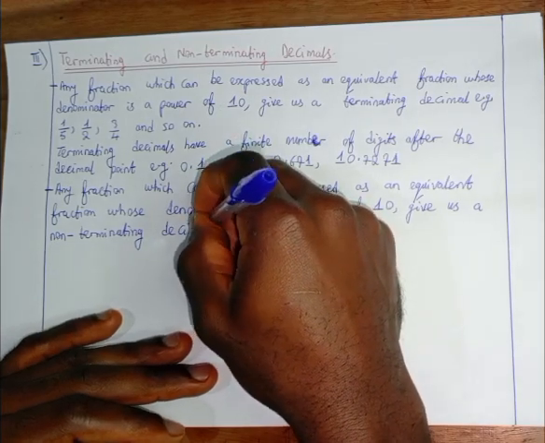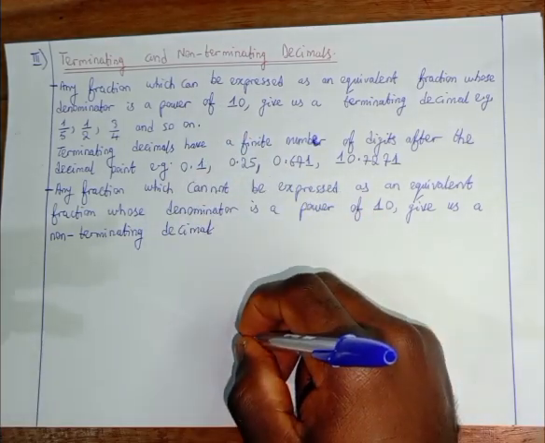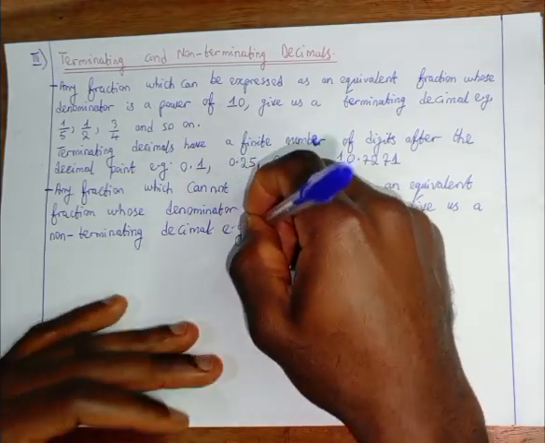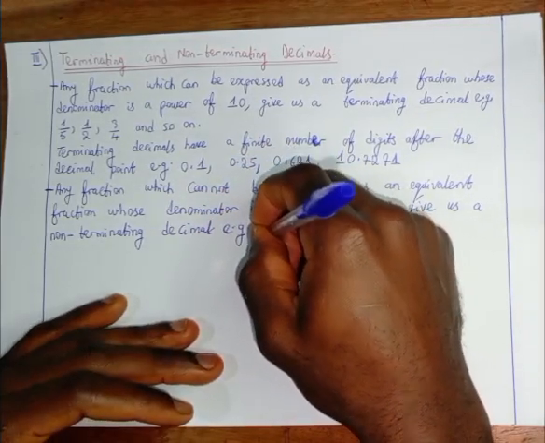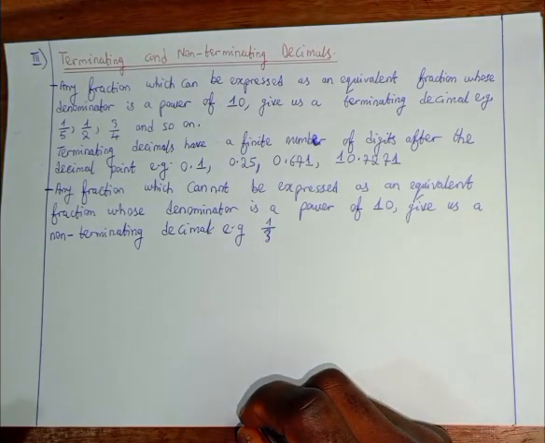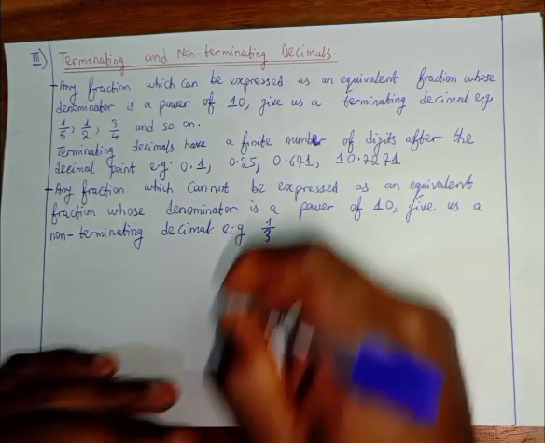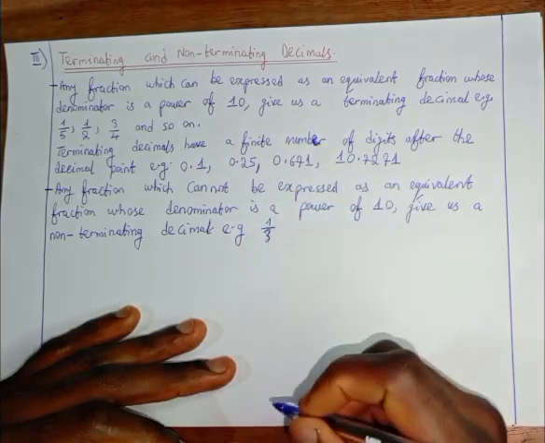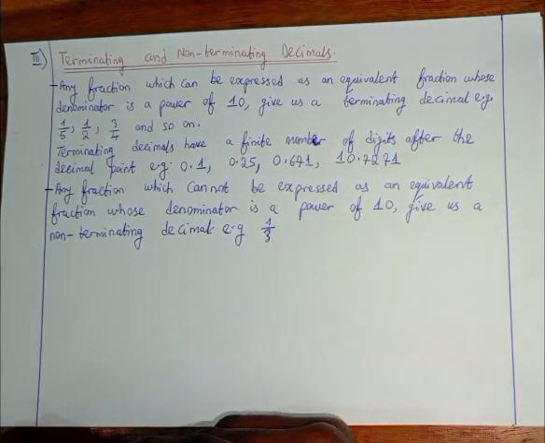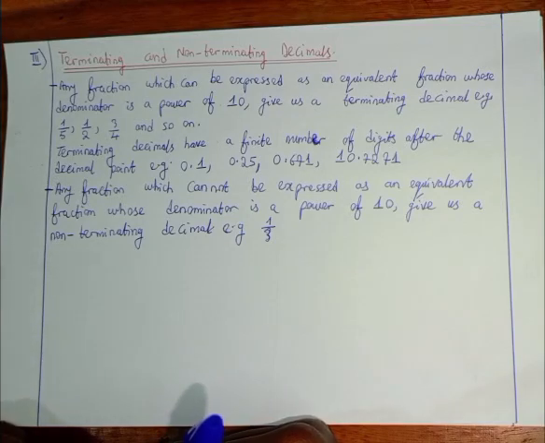That means after the decimal point, we have an infinite number of digits, e.g. 1/3. We saw in our previous video that we had to express 1/3 as a decimal. The digit 3 continues repeating.